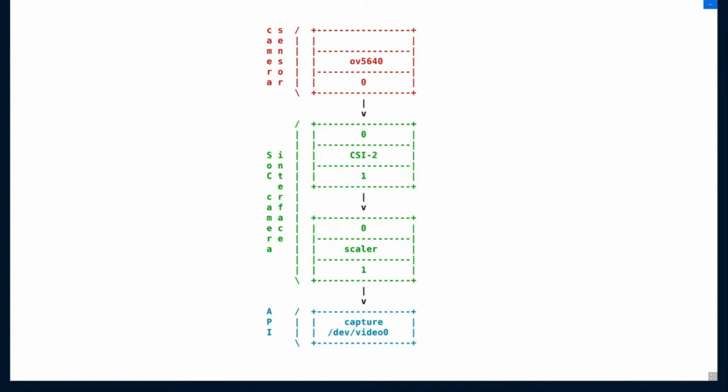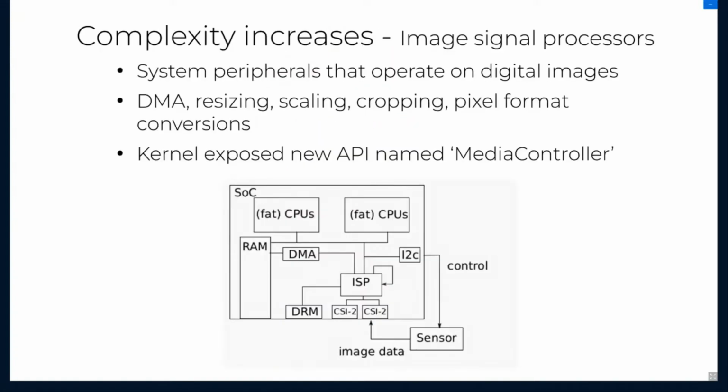It worked well for a while, but then things get complicated. Complexity increased with image signal processors being introduced. Let's talk a bit briefly about what ISPs, or image signal processors, are. They are system peripherals operating at very high frequency on digital images.